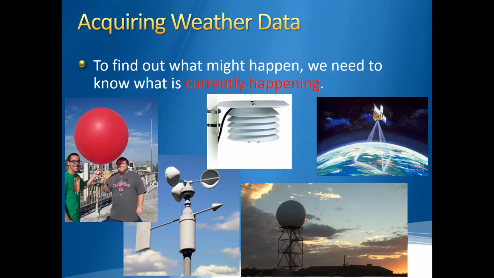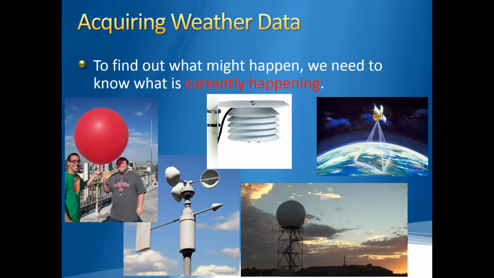They're looking at things like cloud patterns, which can indicate the presence of an organized storm system. You also have Doppler radar scanning around looking for the location and the movement of precipitation. So all told, there's lots of weather data currently being collected.